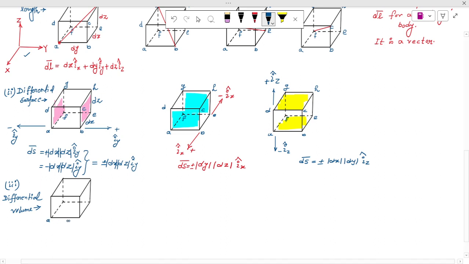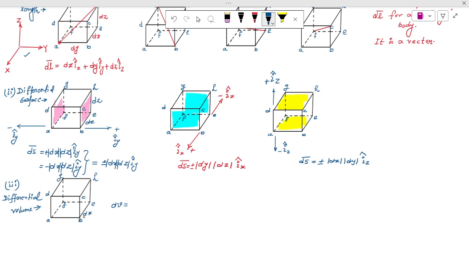It is also named as A, B, C, D, E, F, G, H. So it will be a scalar quantity, and here you have to multiply the lengths.